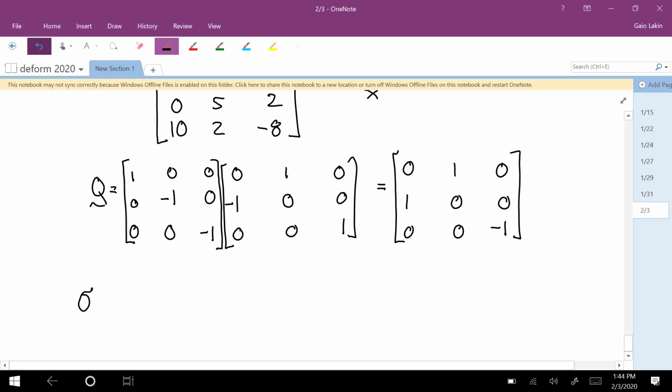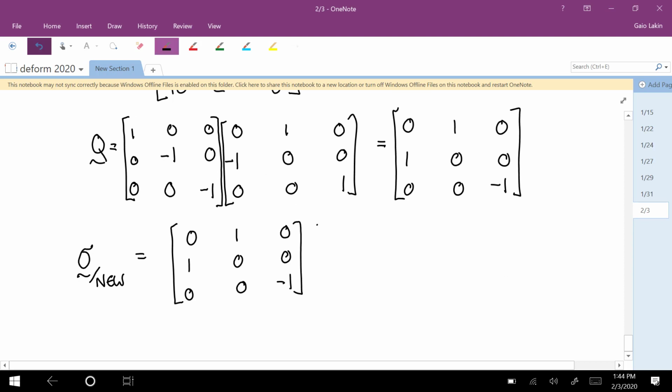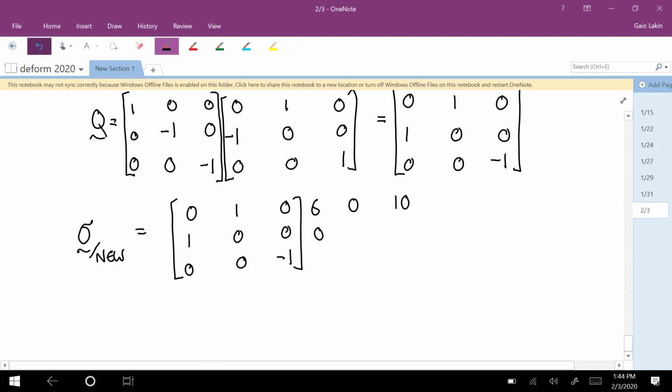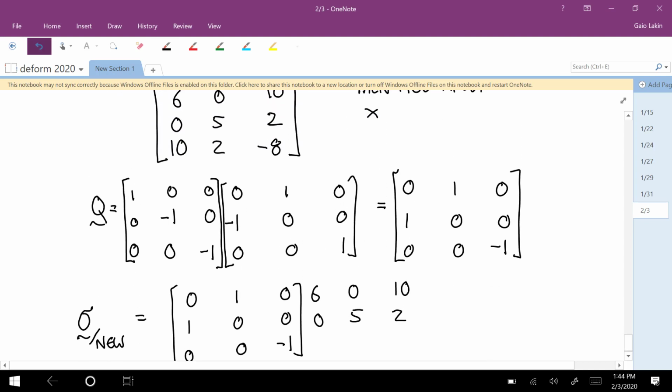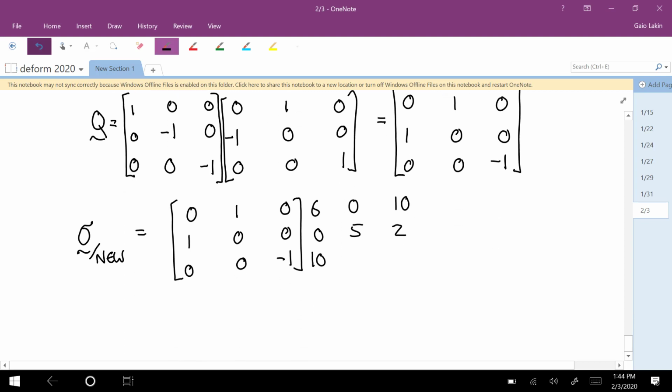And now we're going to say this new coordinate system is 0, 1, 0, 1, 0, 0, 0, 0, negative 1, times our original coordinate system, 6, 0, 10, 0, 5, 2, 10, 2, negative 8, and then times the transpose of that rotation matrix.